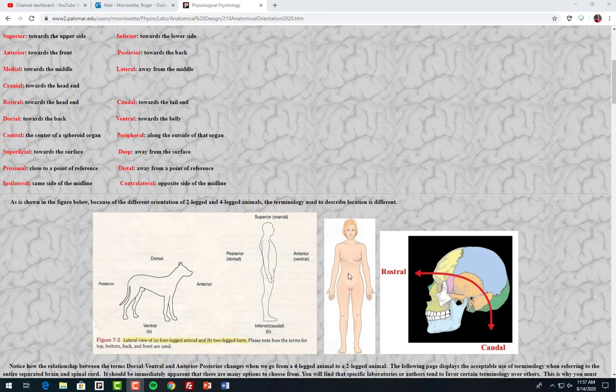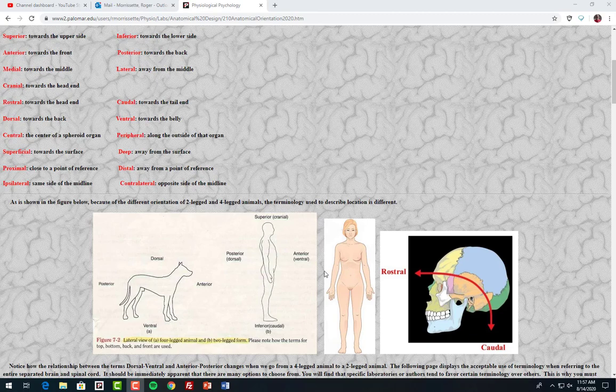Medial and lateral. That's why we need this one right here. So the midline of creatures in anatomical orientation is right through the center of the body, right through the nose, right through the navel. Okay, so that's the midline. Now, medial and lateral are relative to that midline.